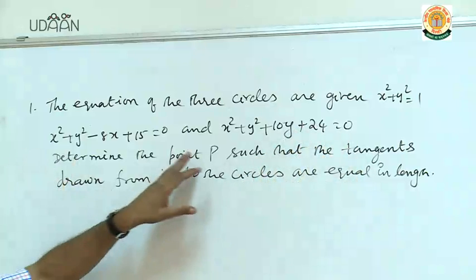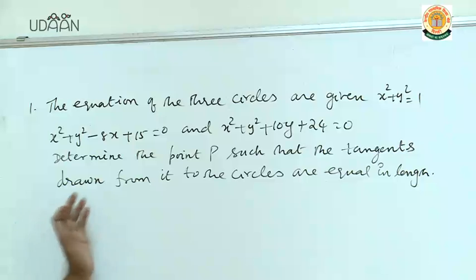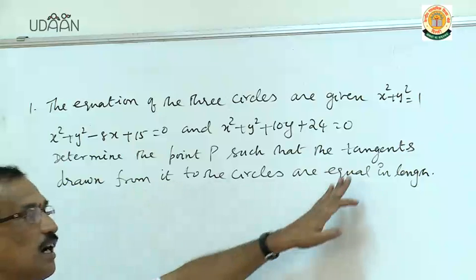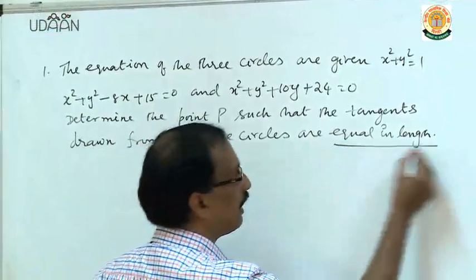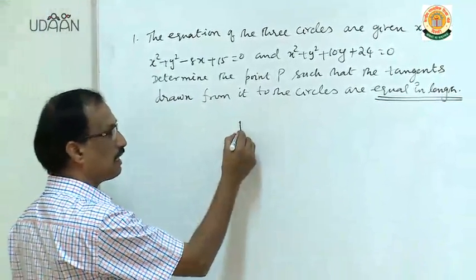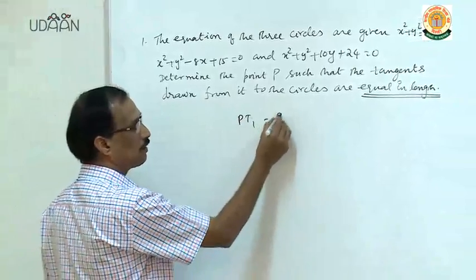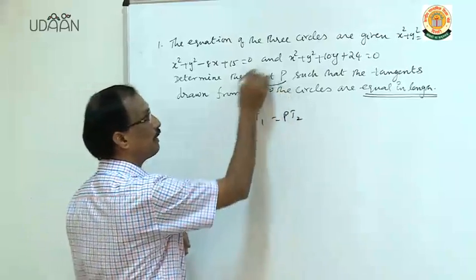Determine the point P such that the tangents drawn from it to the circles are equal in length. So, it is given that PT1 equals PT2. We have to find the point P.